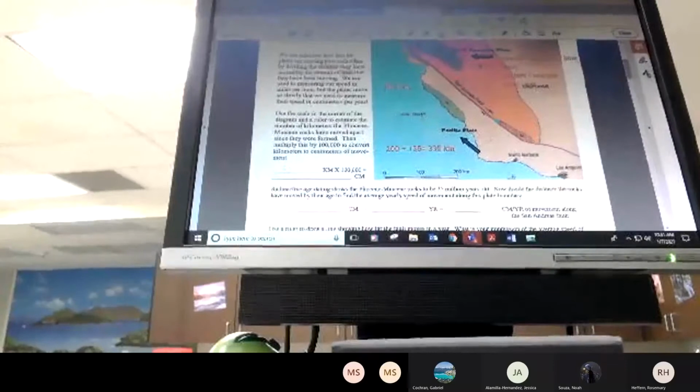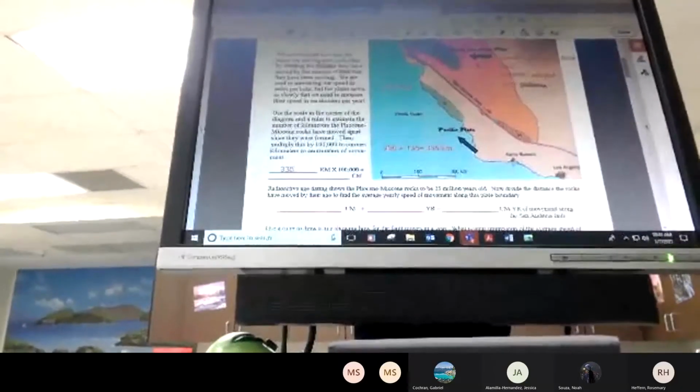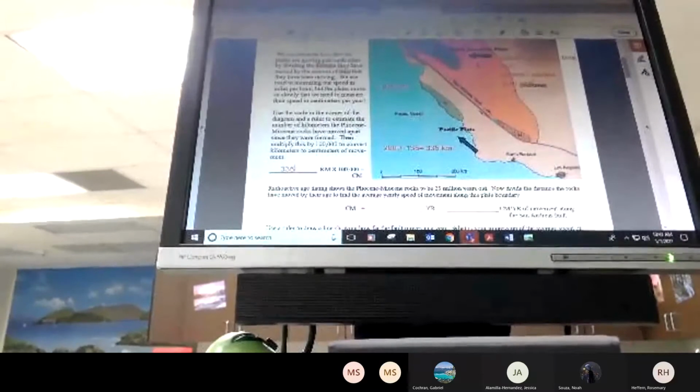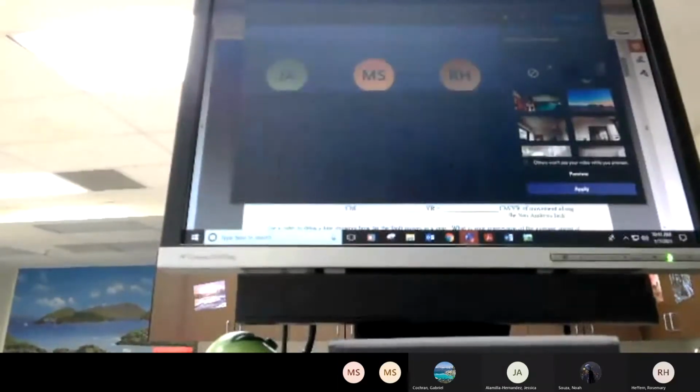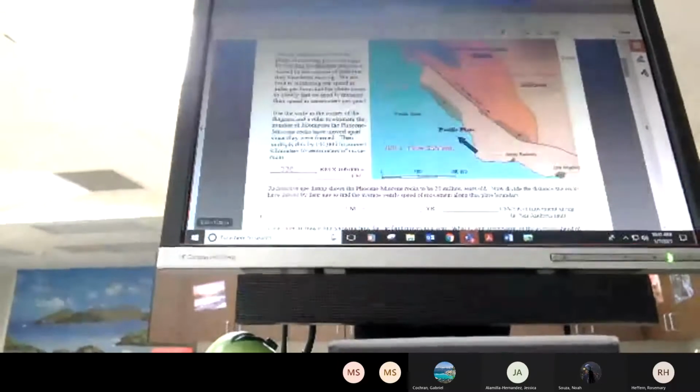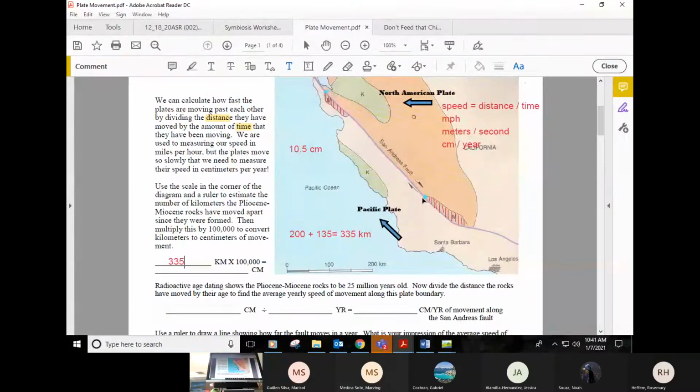That's going to go over here, 335 kilometers. And at this point, I'm going to go back to just sharing my screen again. Okay, so we measured from blue dot to blue dot. That was 10.5 centimeters.